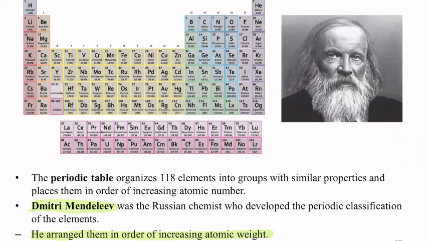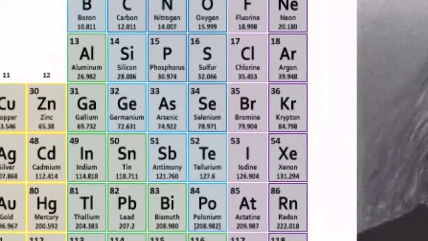The periodic table is organized now based on increasing atomic number. And if we look at the periodic table, the atomic number is this. So now it's ordered by atomic number. When he started organizing it, it was on atomic weight, okay?